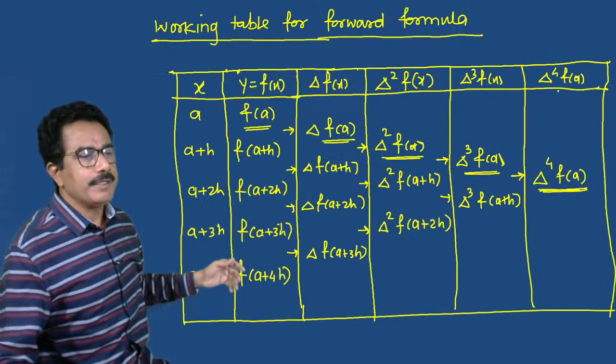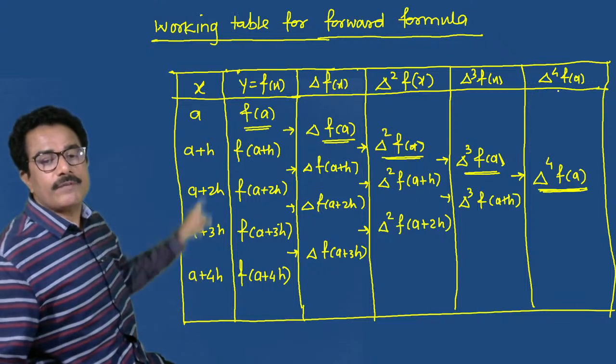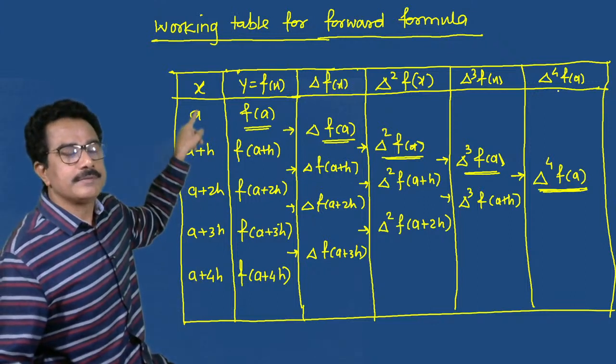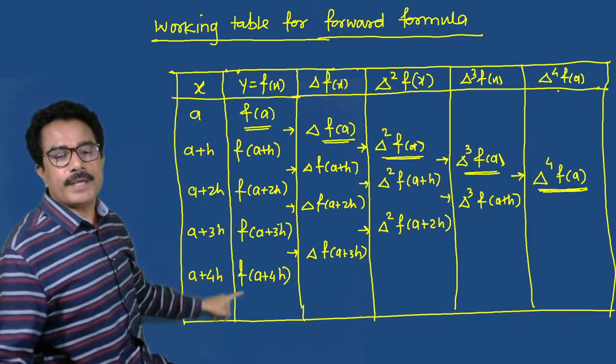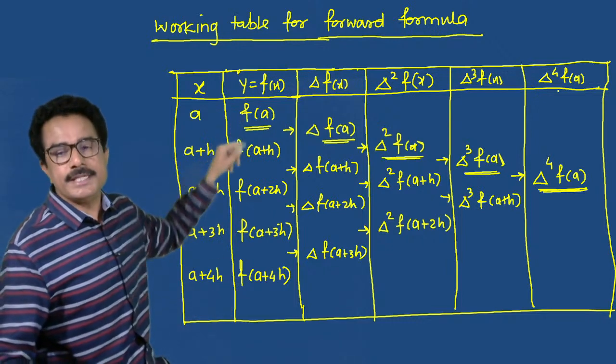आता entry पहा, values of x are called as arguments, values of f of x are called as entries.